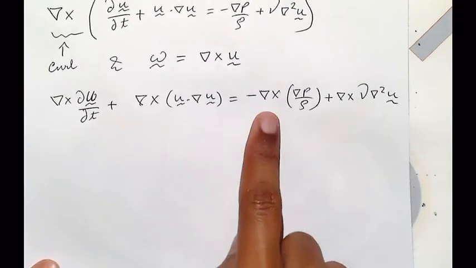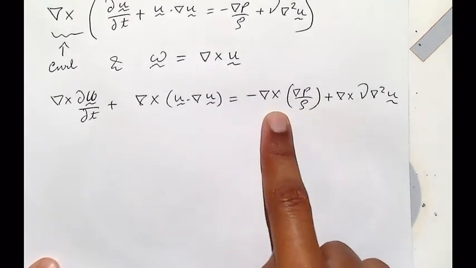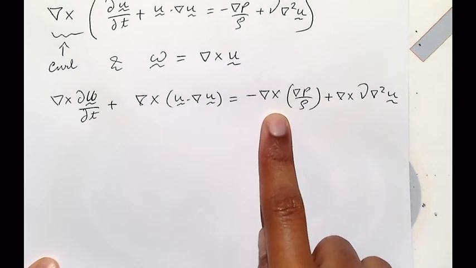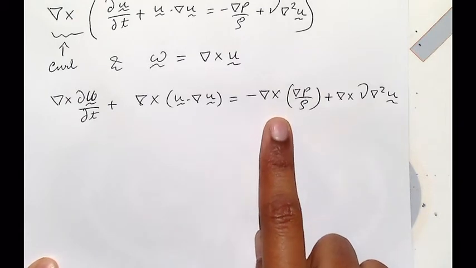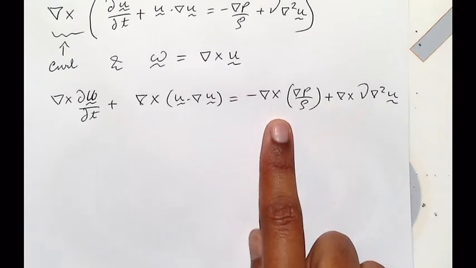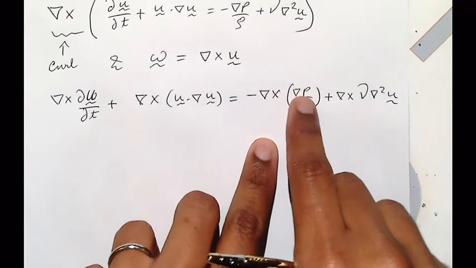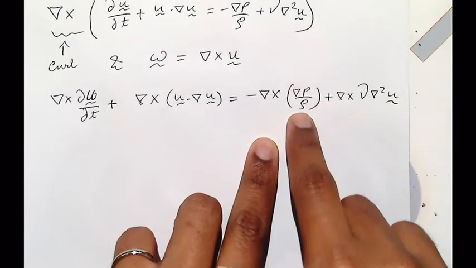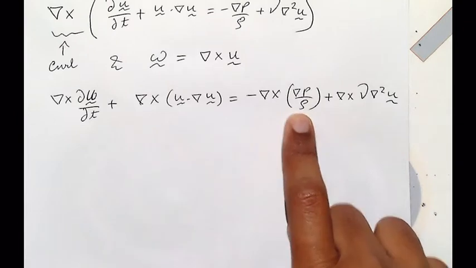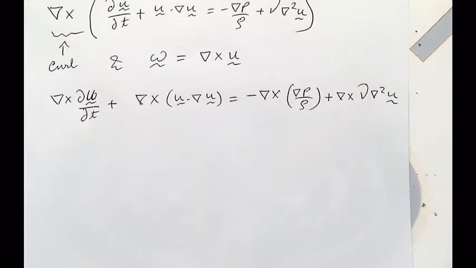Have we talked about this term, the baroclinic term? Yes, we had talked about this. The term here has a pressure and a density rho, and usually when we're dealing with normal simulations, density is constant everywhere. But sometimes density might not be constant.